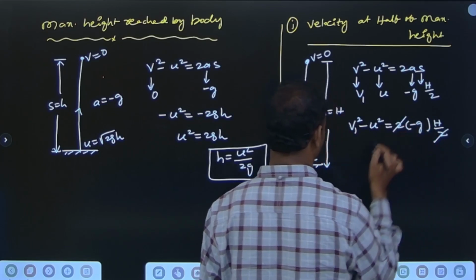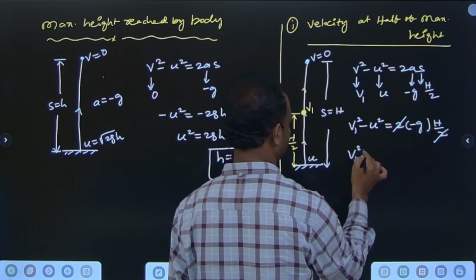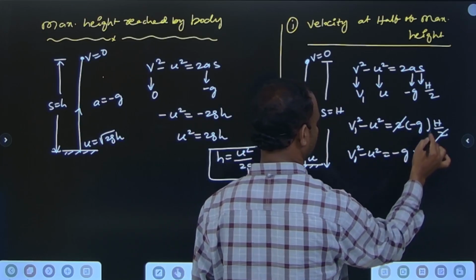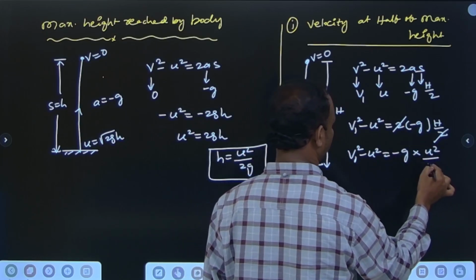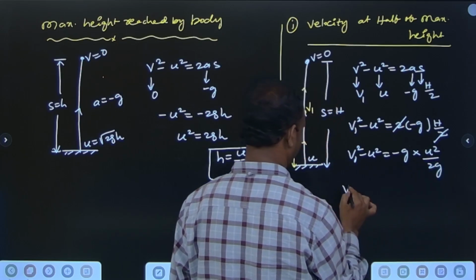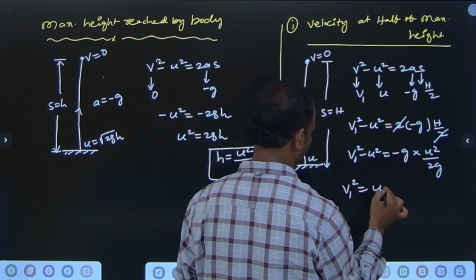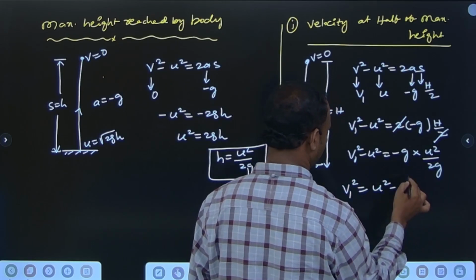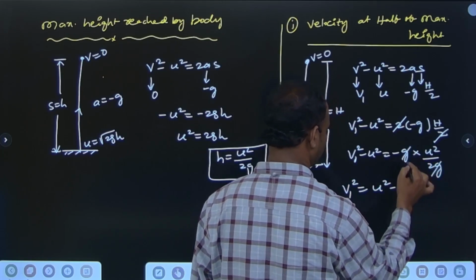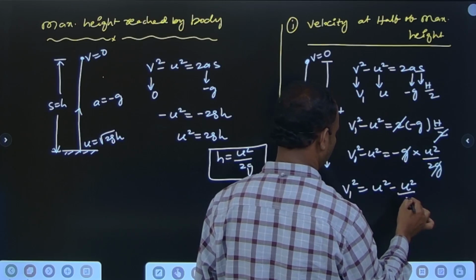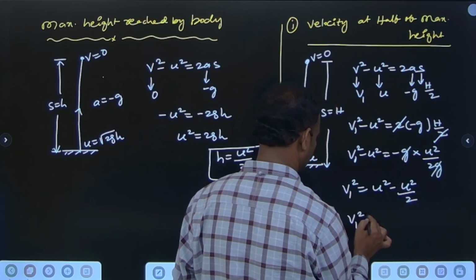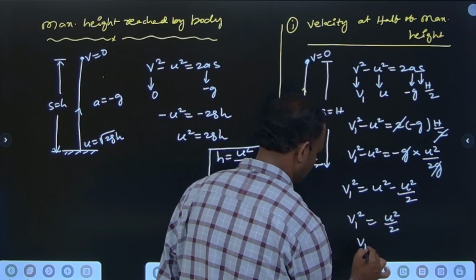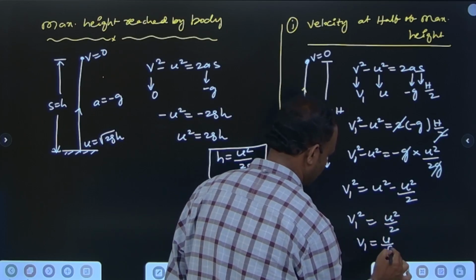The 2 cancels, giving v1 square minus u square equals minus g h. Since h is u square by 2g, g and g cancel, so v1 square equals u square minus u square by 2, which is u square by 2. So v1 equals u by root 2.